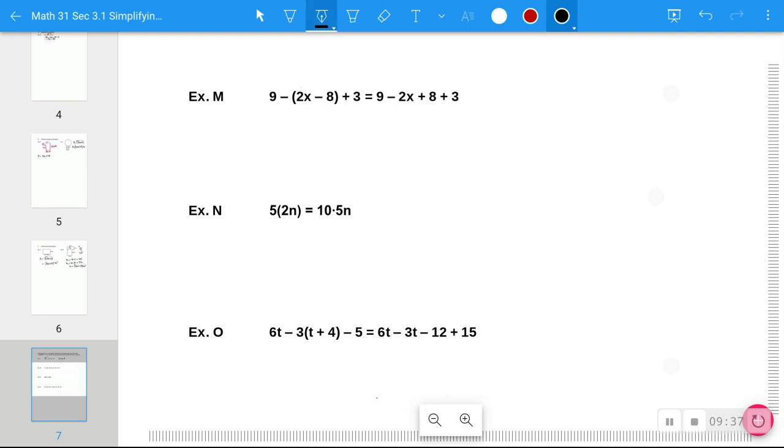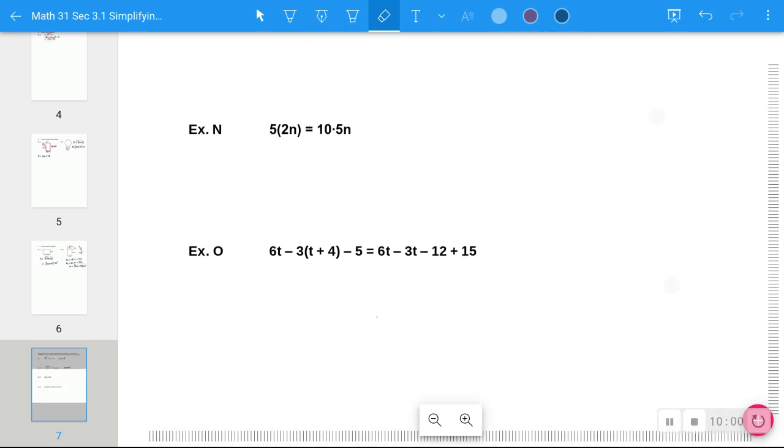Distributing gives negative 2x. That's good. And plus 8. Negative times negative is positive. And that looks like it's done correctly. So in this set of instructions, you just write correctly done.